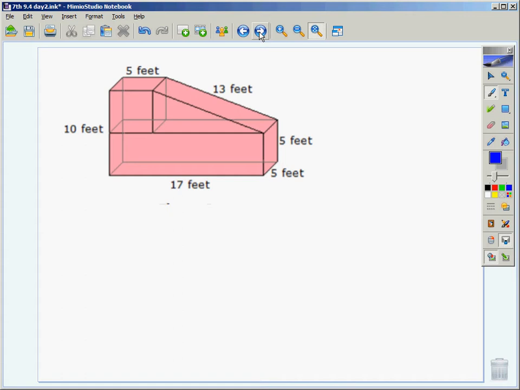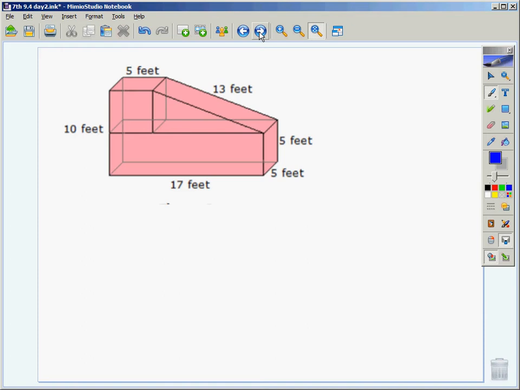When the book shows you a problem like this, you know how they really would like you to calculate it? They'd like to calculate this rectangular prism here, this cubed prism here, this triangular prism here, and remember to subtract out all the pieces that were stuck where? On the inside. That's how the book would like you to do it. I want you to learn a better way.